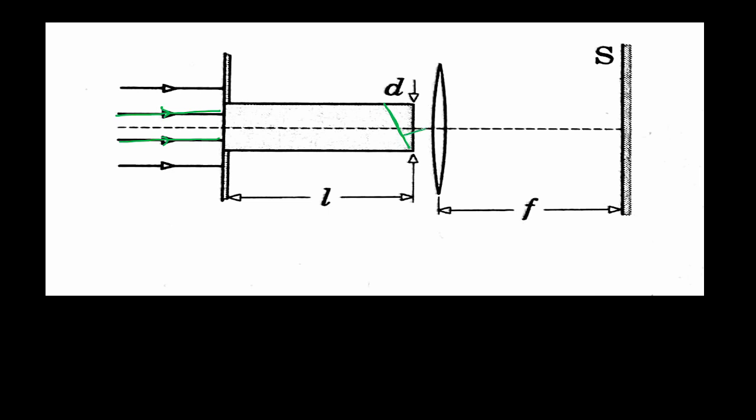The ray of light which passes through the optic center just goes without any deviation. And all the parallel beam of light gets converged to that point.